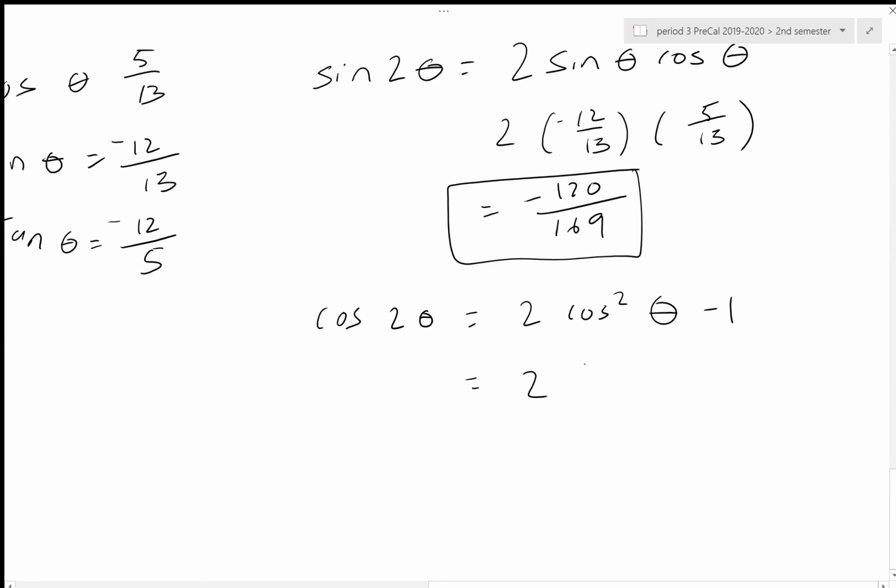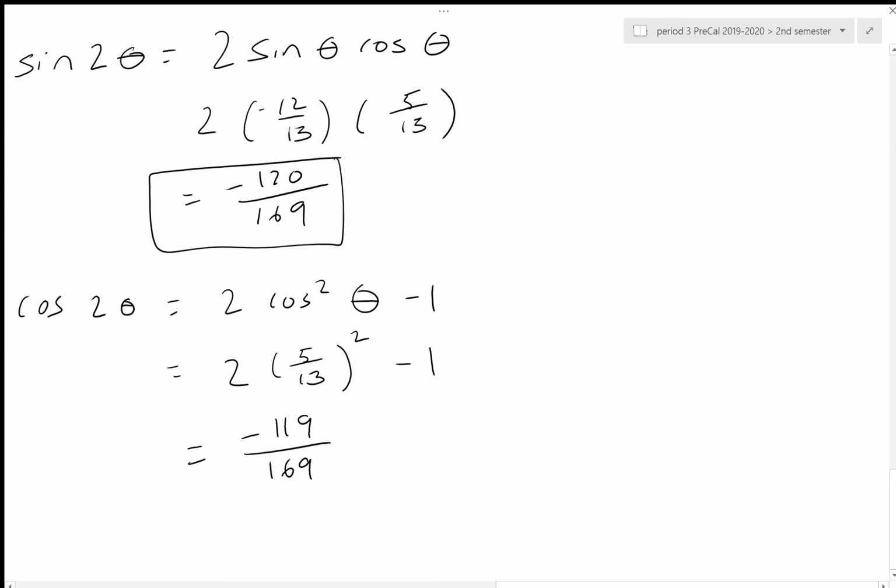Cosine of theta is 5 over 13 squared minus 1. Again, put that in the calculator if you have it. 2 parentheses 5 divided by 13 parentheses squared minus 1 gives us a decimal, change it to a fraction, and it tells me that this equals negative 119 over 169.